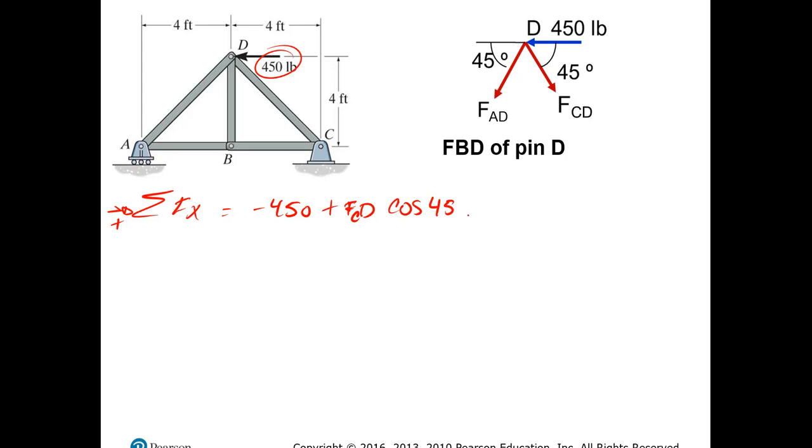And then I have also minus FAD, that also multiplies to the cosine of 45, and that's equal to 0. Therefore, my first equation.